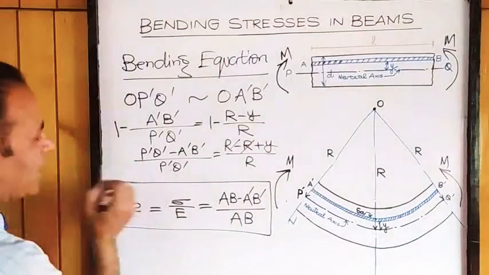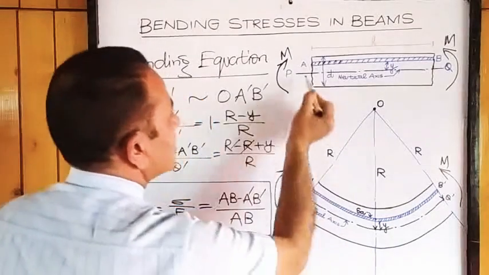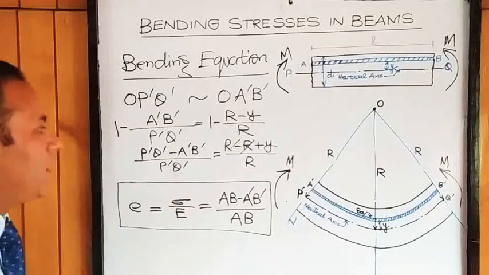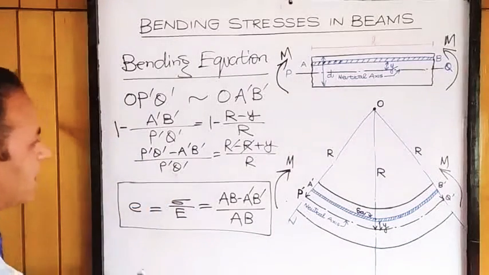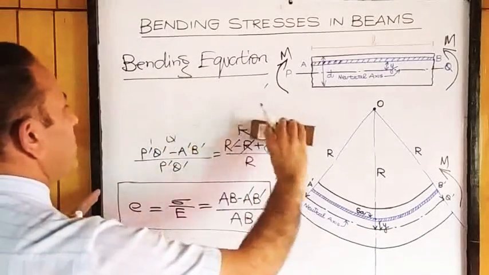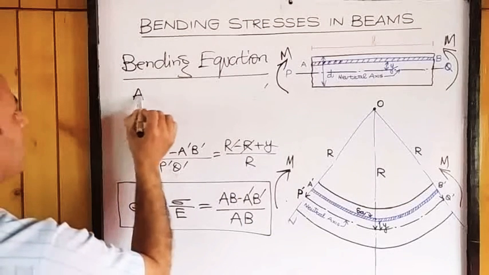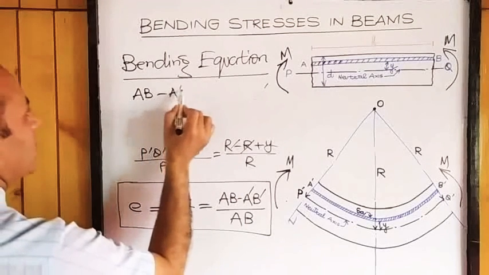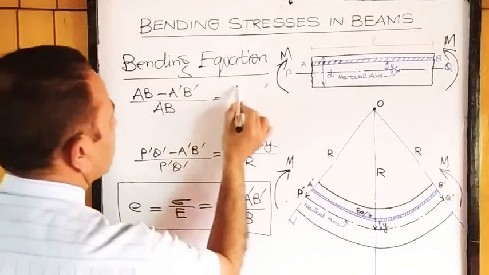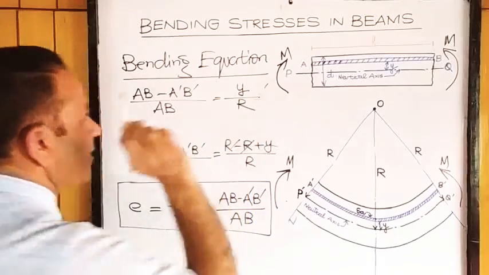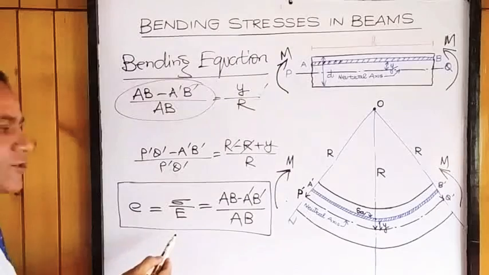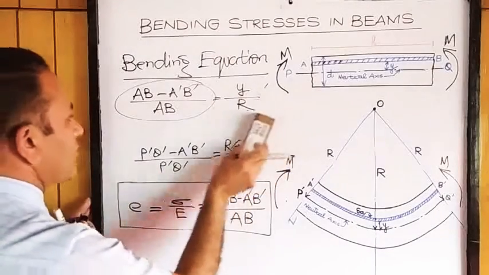Okay, at P dash Q dash, before bending it was PQ, or PQ is the same as AB. So instead of P dash Q dash, I can write AB. So I will get AB minus A dash B dash divided by, again, AB in place of P dash Q dash shall be equal to Y by R. Okay, but this term is already equal to stress divided by modulus of elasticity.